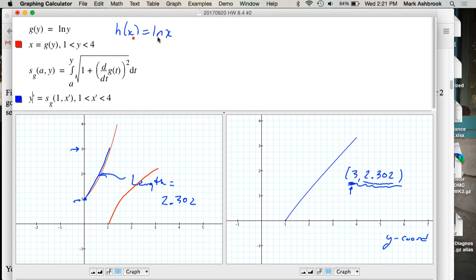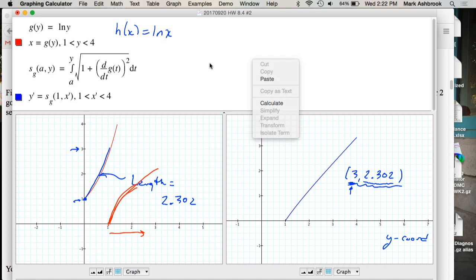Yeah, so then if h of x is ln of x, then the x coordinate over here would now be the same. You get the same arc length because you'd be drawing it on this. But now the x value would be a function of x, and so we would take these x values and just replicate them over here. But now the new y values over here would be arc length, this arc length here, like this. Yep. Other questions?